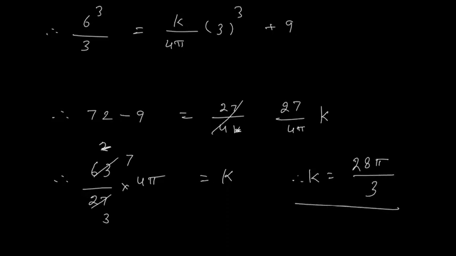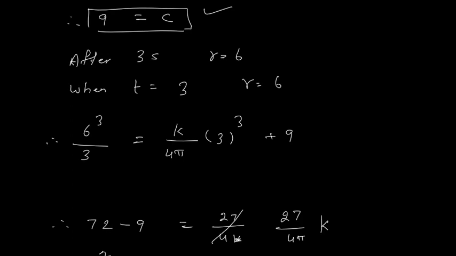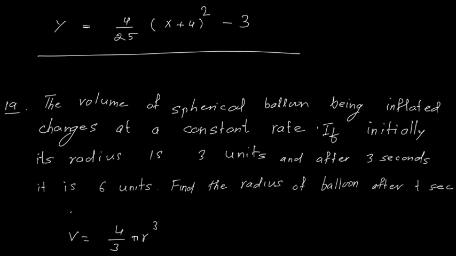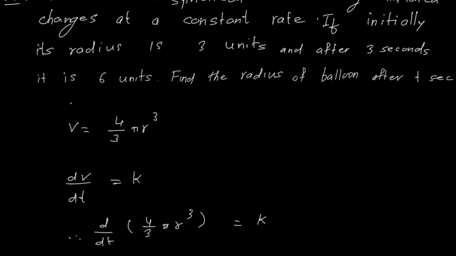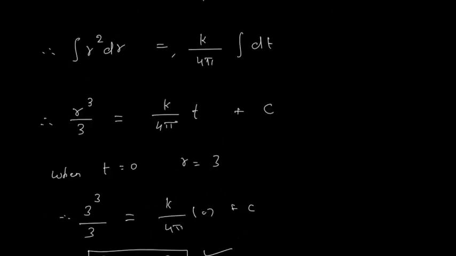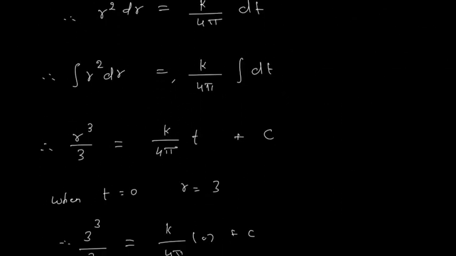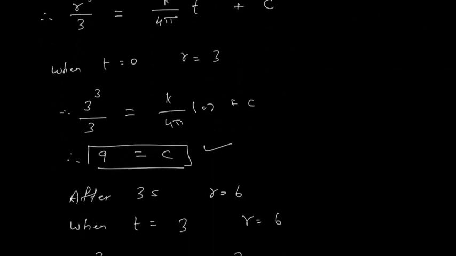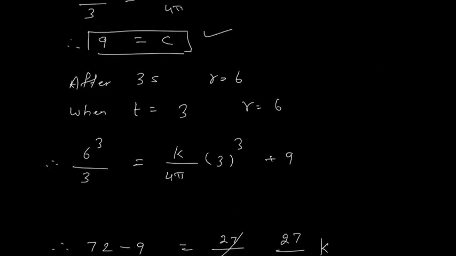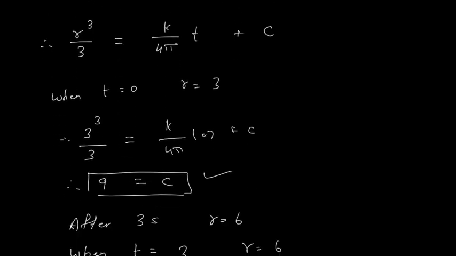So I got the value of k, I got the value of c, therefore my particular solution, that is, to find the radius of the balloon after t seconds. r cube divided by 3 is equal to k upon 4 pi t plus c.